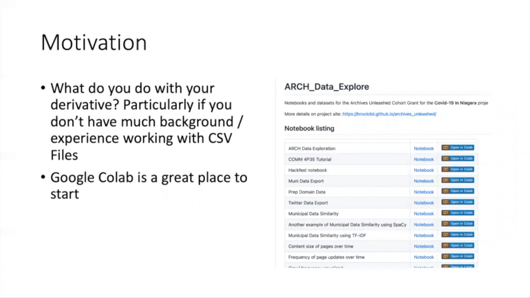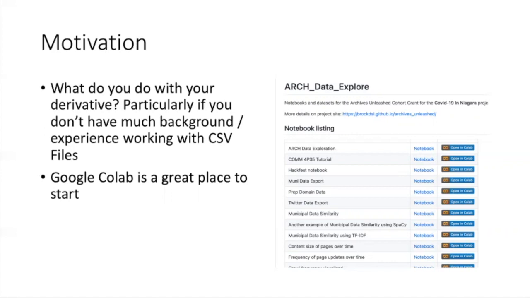So what do you want to do with your derivative? What are the different things that are most often tried when we have a bunch of text from web pages? The other thing is this toolkit will help guide you through some common investigations to save you from having to start from scratch, particularly if you don't have lots of experience working with CSV files, which are ultimately what these derivatives are.